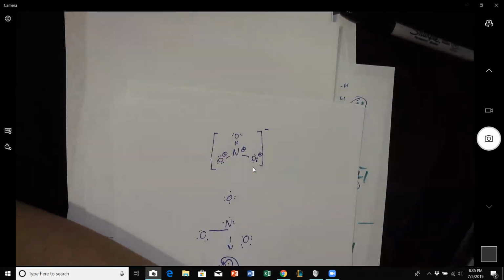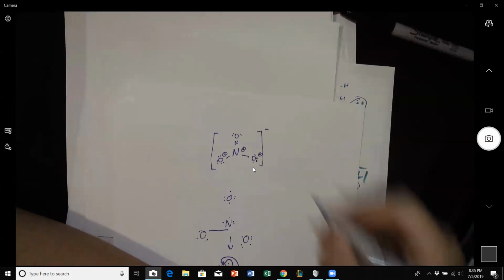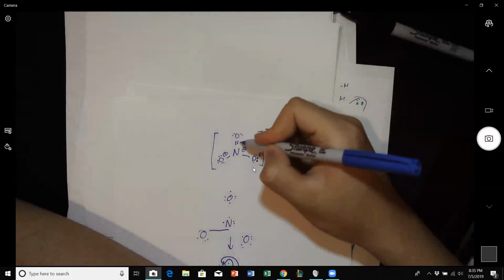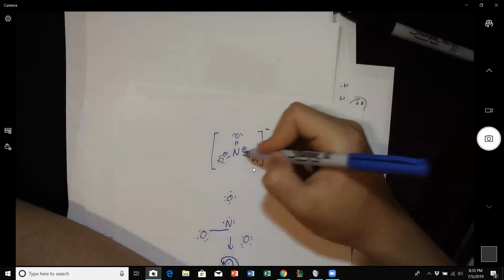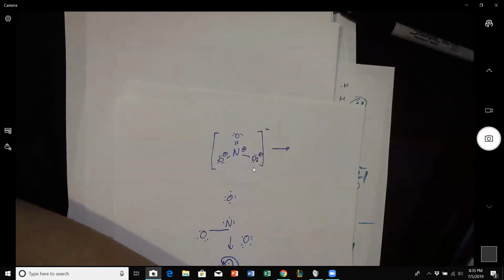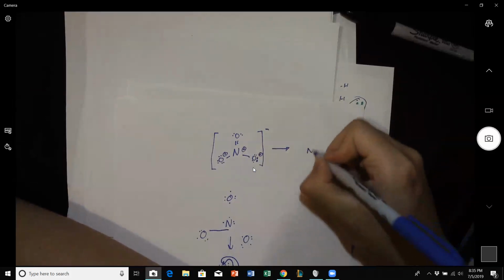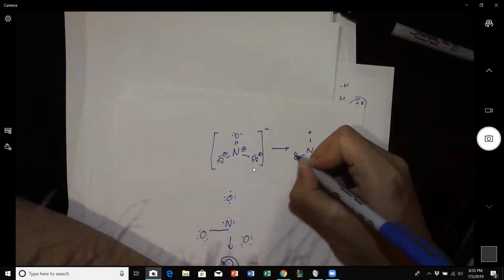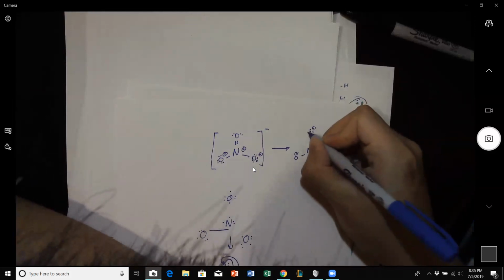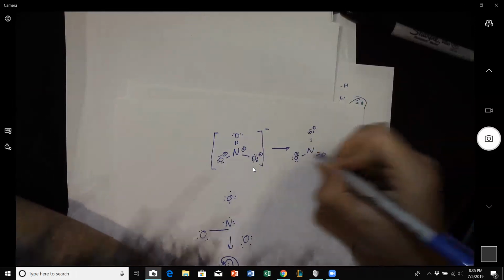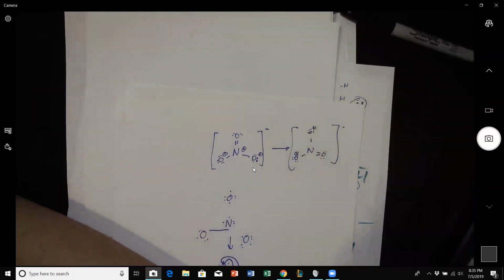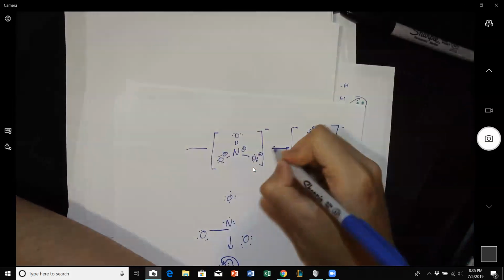So now, what are the resonance structures of this? We can draw this double bond between any of the nitrogens and any of the oxygens. So we could draw it like this, and this is equally valid. Oh, and that should be a double side pair.